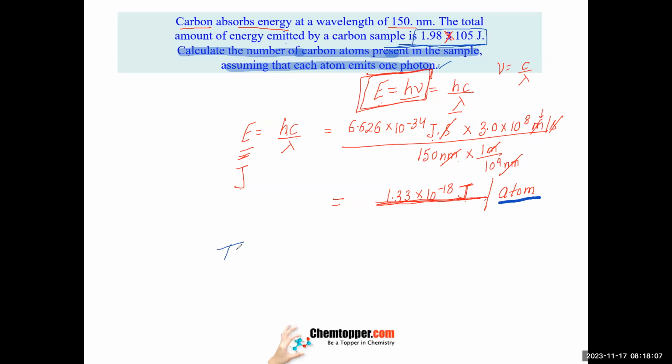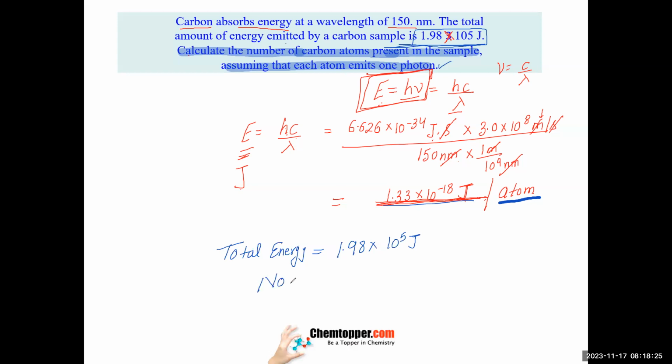The total energy which is given to me in the question is 1.98 times 10 raised to power 5 joules. And how much per atom? This much.